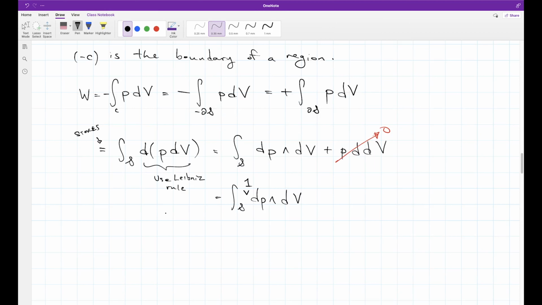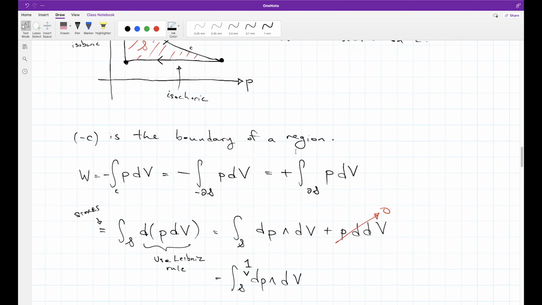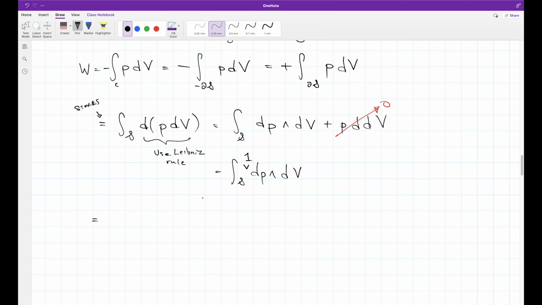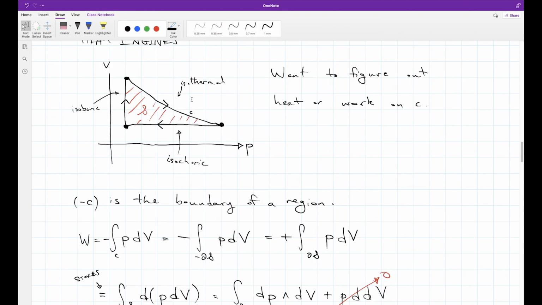But what is the geometric meaning of the integral in PV space of the interior of this region? It's just the area of S. So this is just equal to the area of region S.